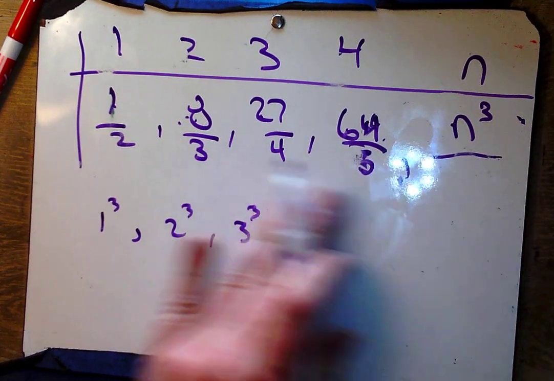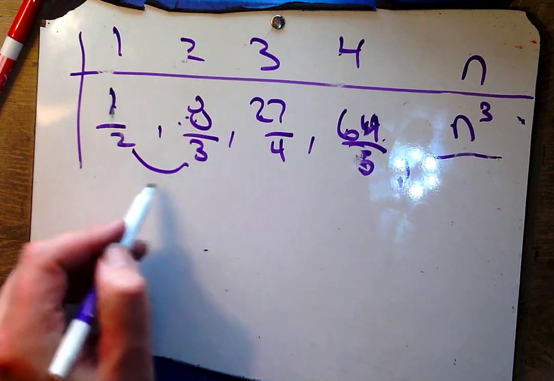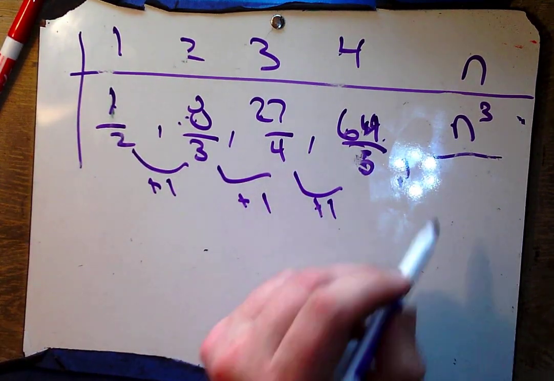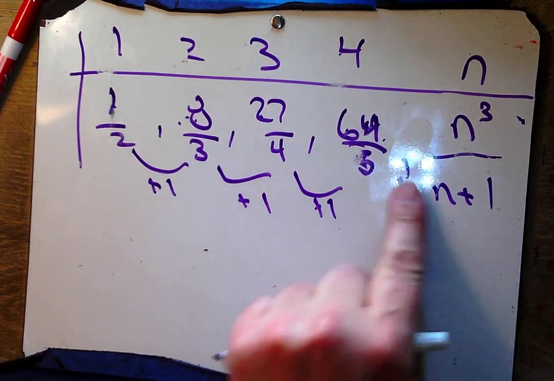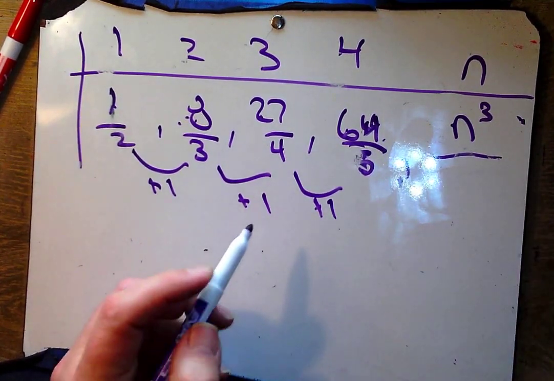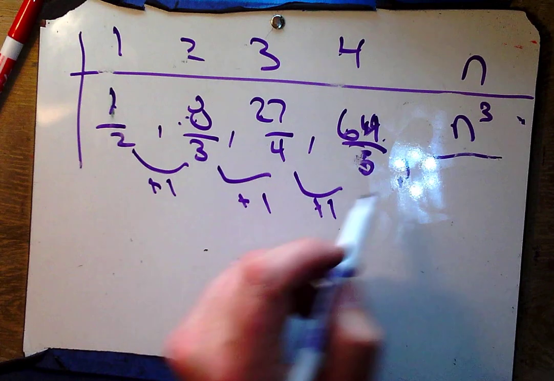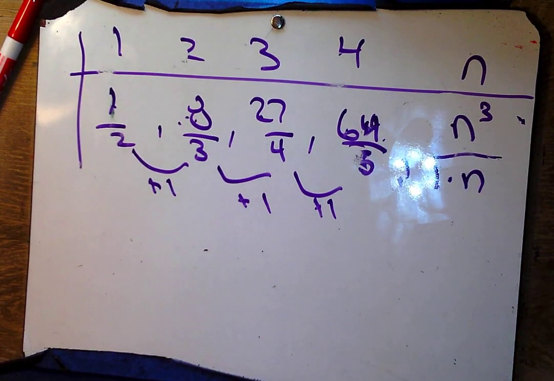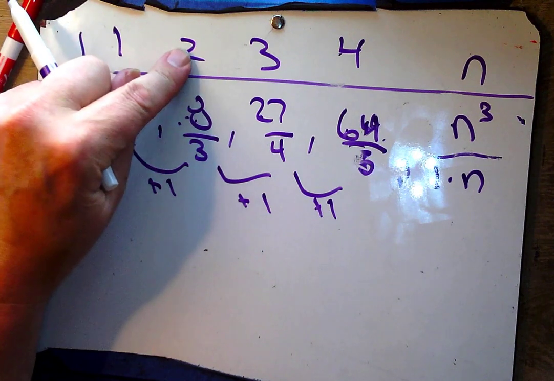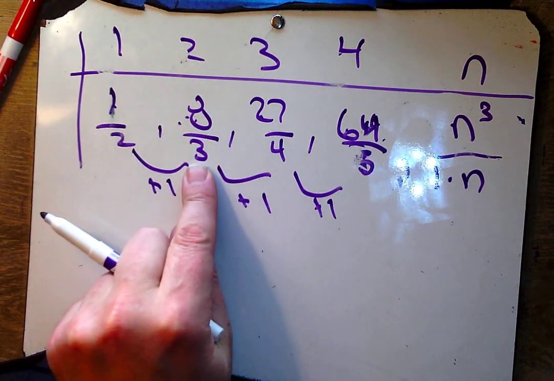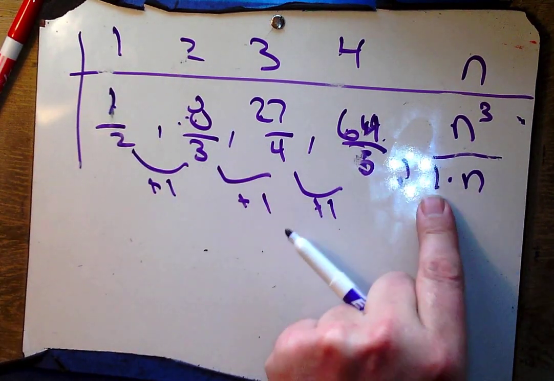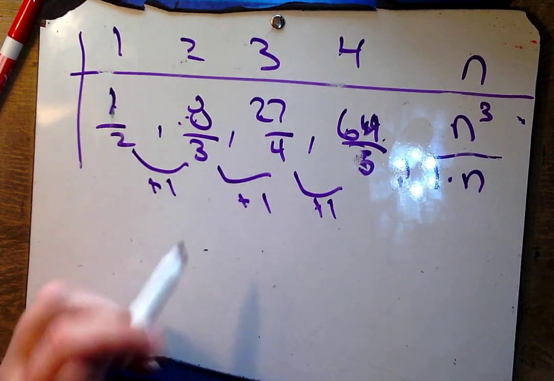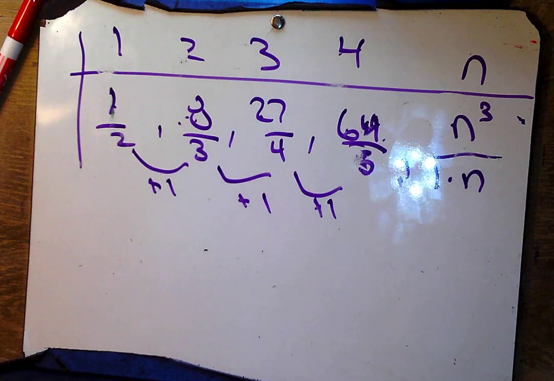Well, that's cool. For the bottom, though, these are going up by 1 each time. And so do I do n plus 1? No, I don't. I take the common difference and I multiply it by n. Okay, so if I plug in a 2, I should get 3. 2 times 1, yeah, that's not 3. So what do I have to add or subtract to make this work?